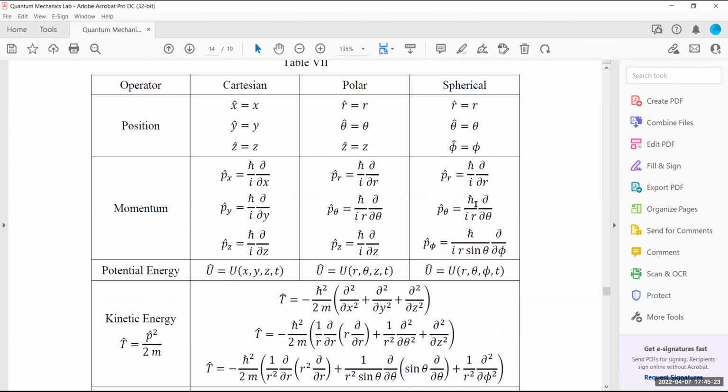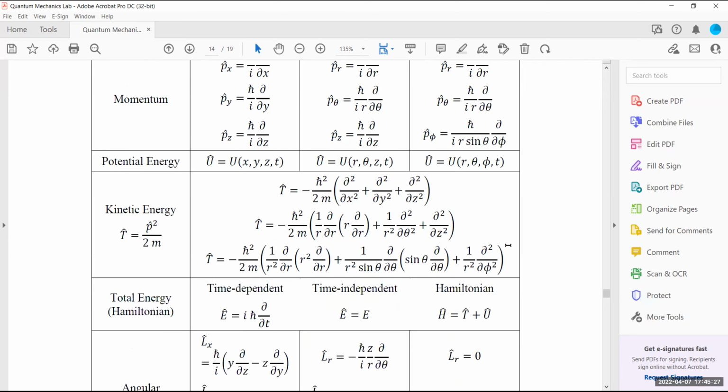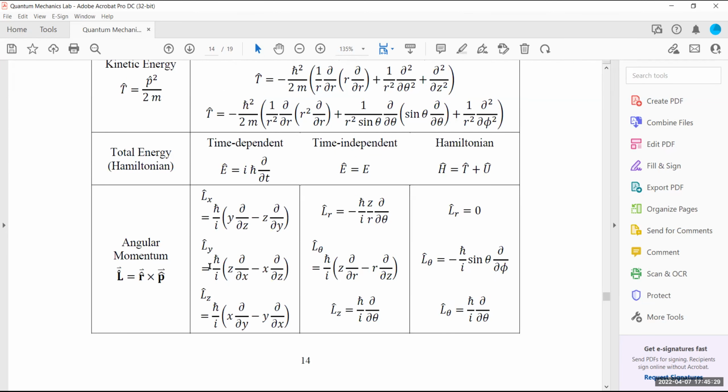That has to do with the derivative with respect to phi, okay? So that's why, please ignore all of the other components of L in this case. They're irrelevant. As a matter of fact, the whole calculation here for the angular momentum is not going to be relevant for your lab at least, but for your general education, yes.